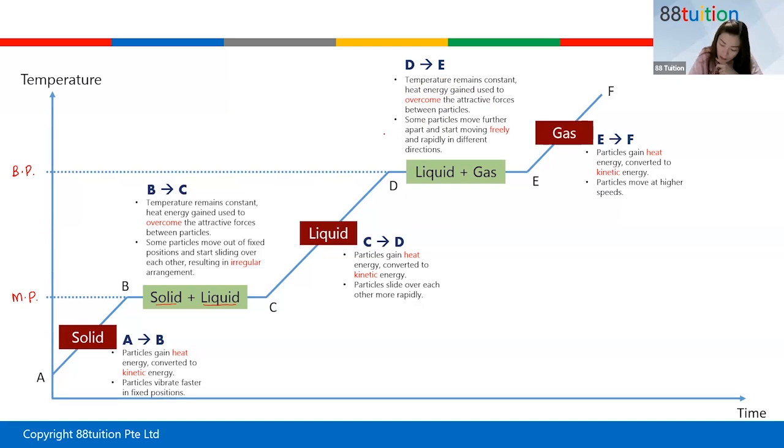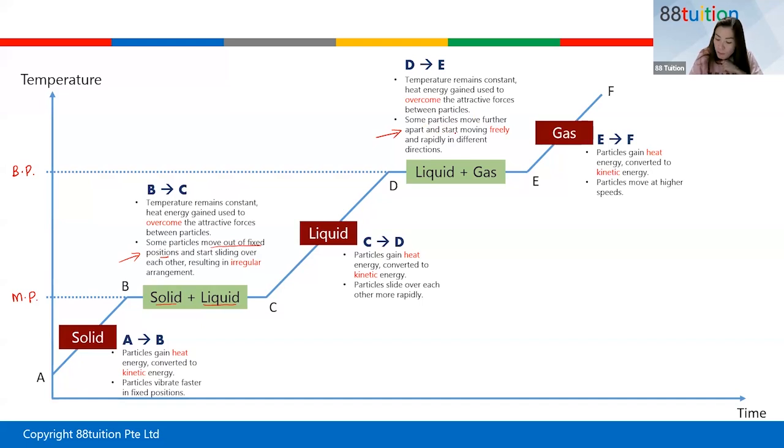But the second part is different. This is move out of fixed positions, right? That is because we start off with the solid state. Solid particles are in fixed positions. They are held together by strong forces of attraction. So during boiling, we have our liquid particles starting to move further apart.